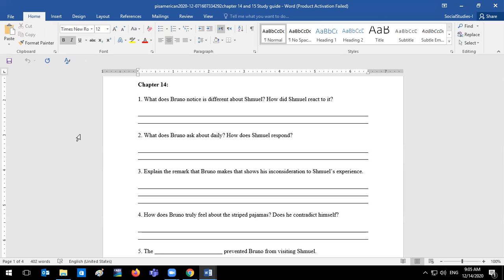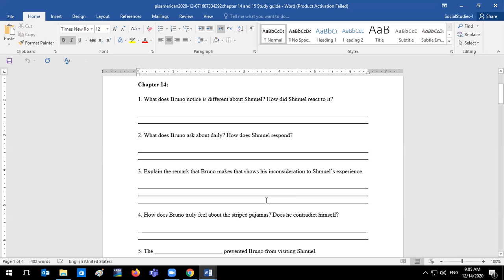So we can infer again that the grandfather has died or has been killed by the German army. But Bruno never really sympathizes with Shmuel at that time, and he never tries to cheer him up or express how sorry he is for his grandfather's loss. So again, here Bruno says that he owes Shmuel an apology for not trying to cheer him up when he told him about his grandpa.